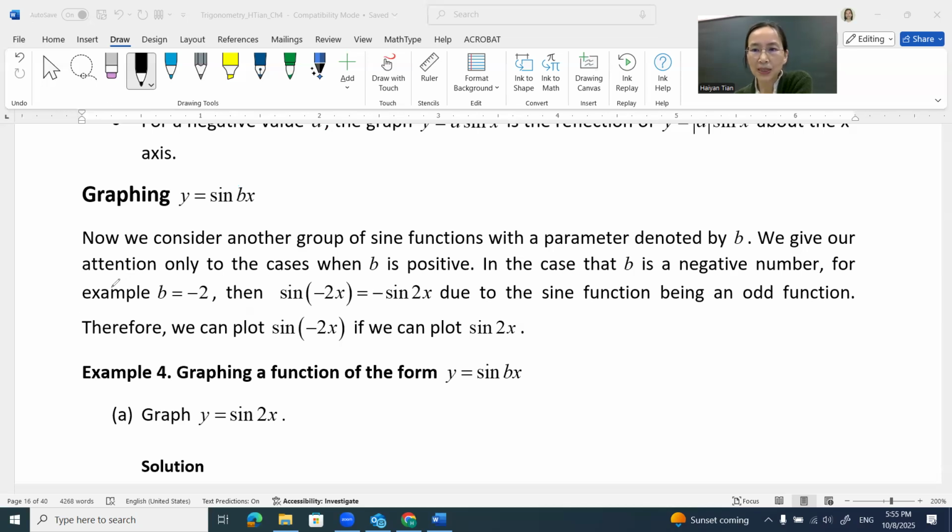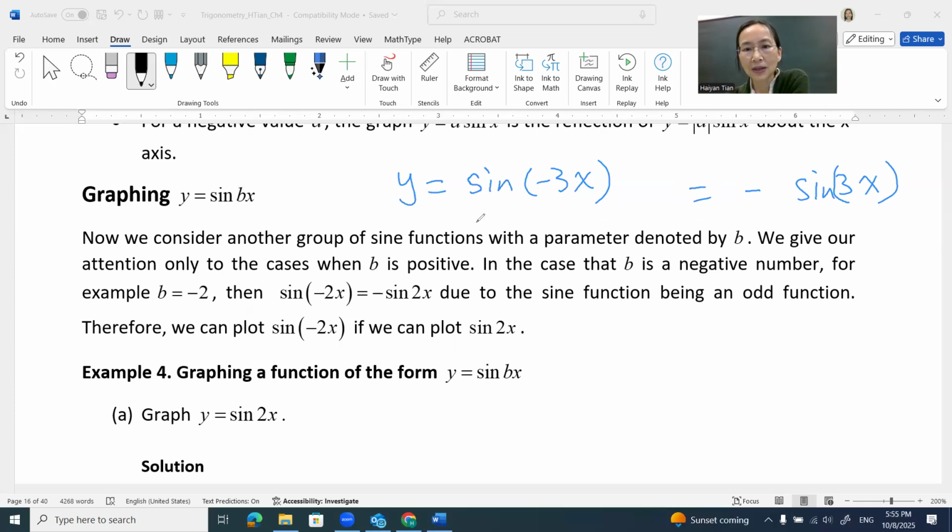So let's assume b is positive. Suppose I have a negative 3x and I want to graph this function, but it is the same as negative sine 3x because the sine function is odd. We discussed even and odd properties of each trigonometric function. So the sine of a negative is the negative of the sine of something.